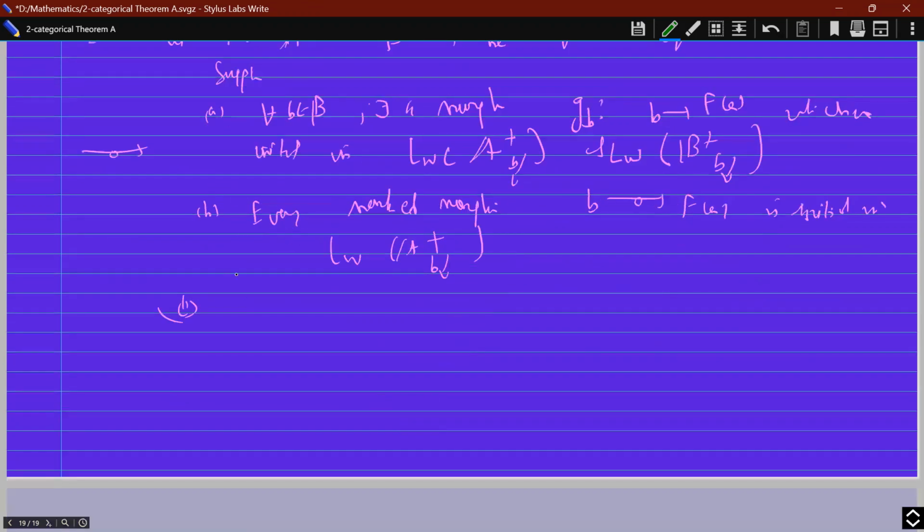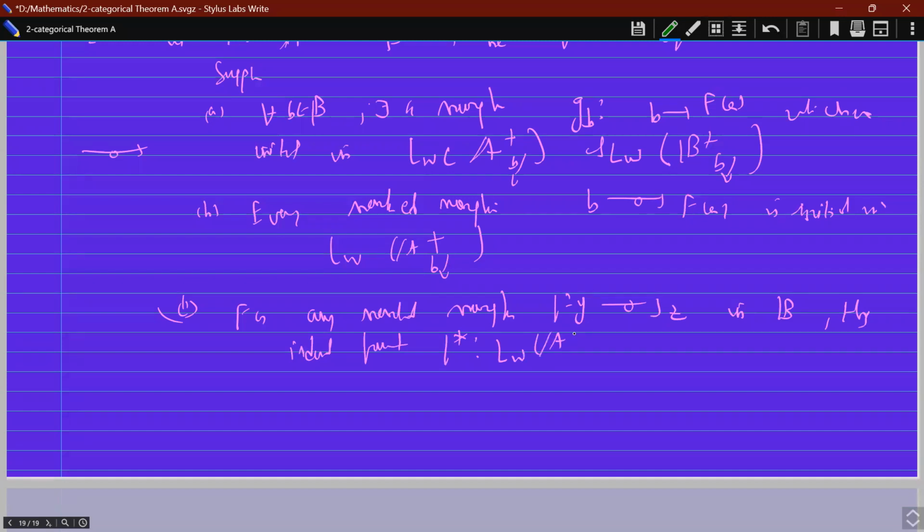And for any marked morphism, suppose F from Y to Z, consider the induced functor.